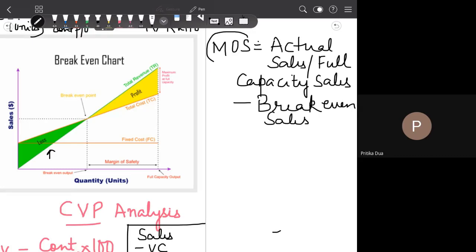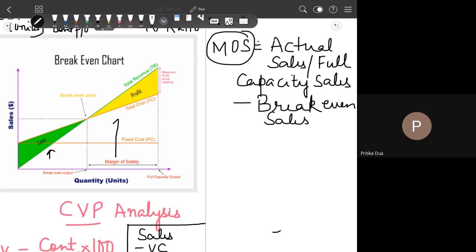So you have this much margin, and because of this margin you are earning additional profit. If you see here, the margin of safety and the profit area are equal in length. Horizontally it is only after reaching the break even point that you start to earn profit, and as the margin of safety increases, the profit is also increasing.